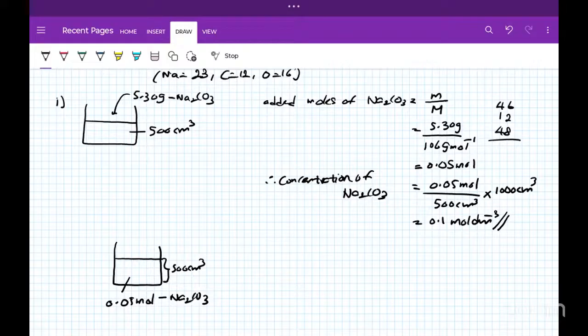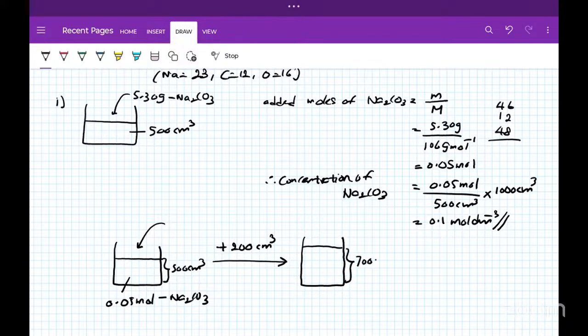Now I'm adding water further. I'm adding 200 cubic centimeters of water. Now the volume will be increased up to 700 cubic centimeters.